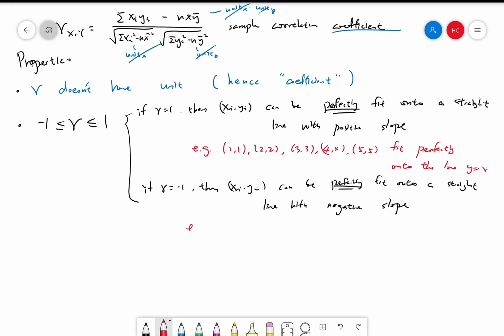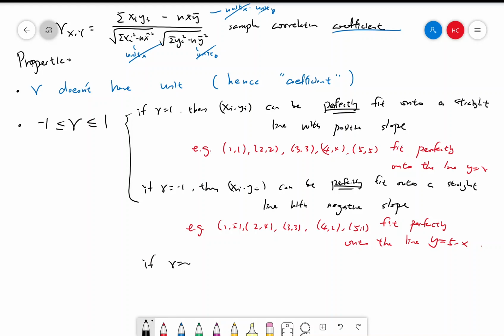For example, we also saw this in the previous video, the (1,5), (2,4), (3,3), (4,2), and (5,1) example. These 5 points fit perfectly onto the line y equals 5 minus x, which has negative slope. Therefore, the correlation is -1.